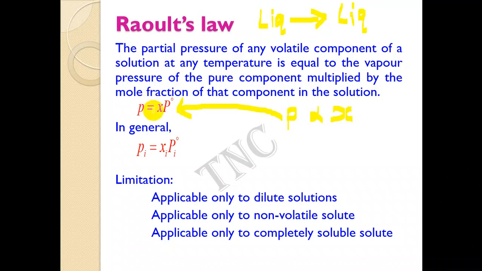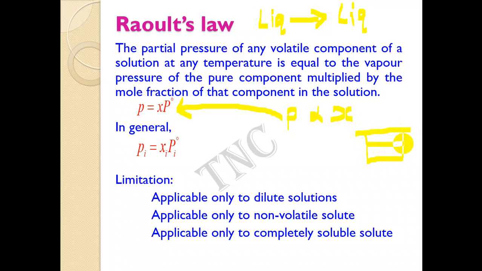So P = x × P naught. Here P is the pressure maintained above the liquid, which is equal to the mole fraction times P naught. P naught is the vapor pressure of the pure liquid, pure solute or solvent.